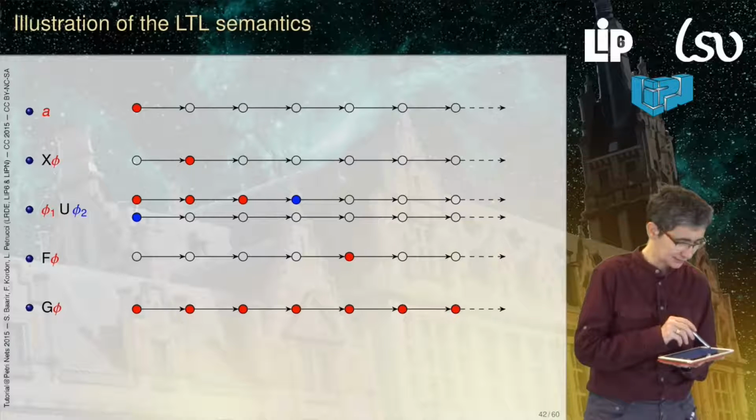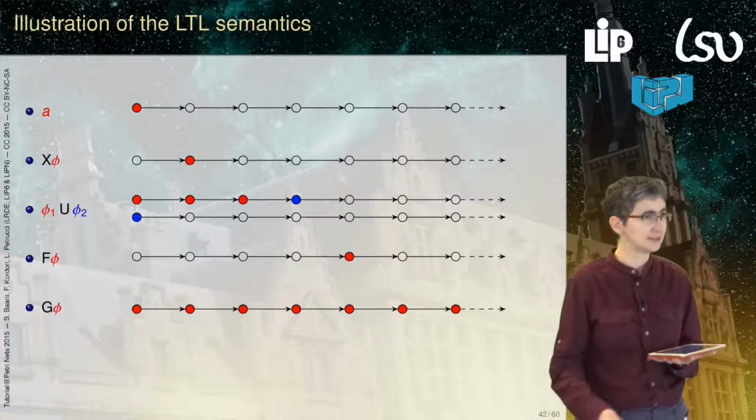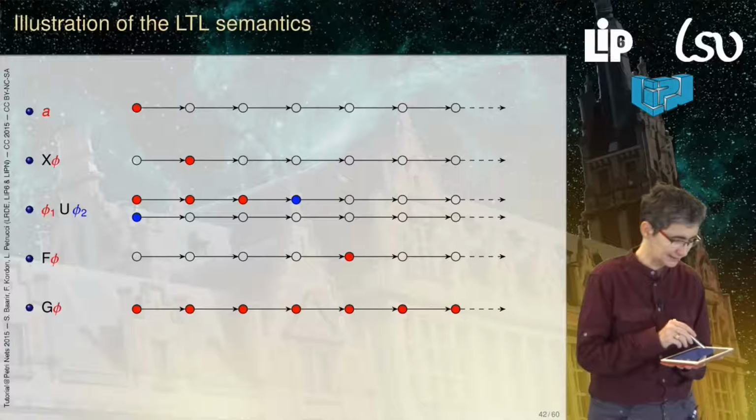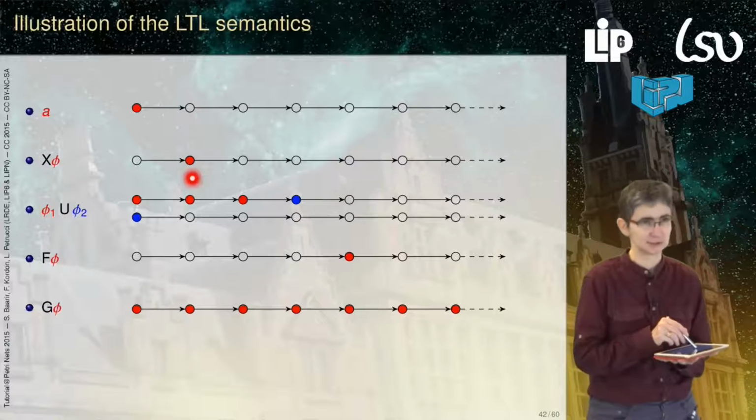The second sequence, we wanted to satisfy X phi. So I don't take the first element, I take the next one, and it should satisfy phi.